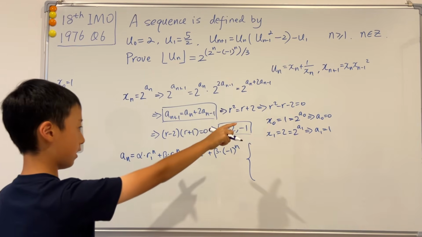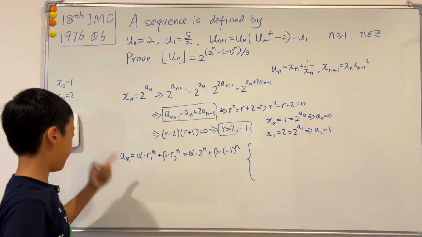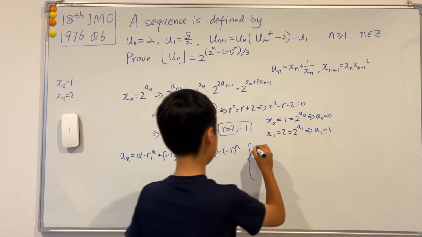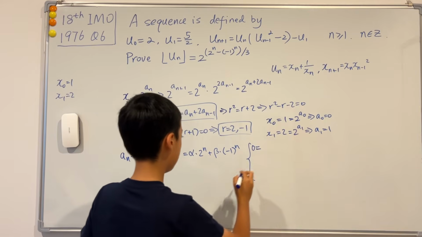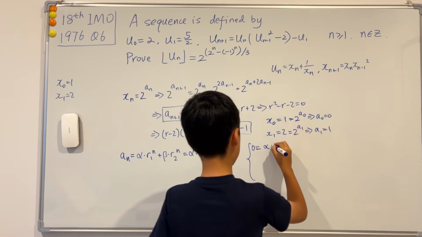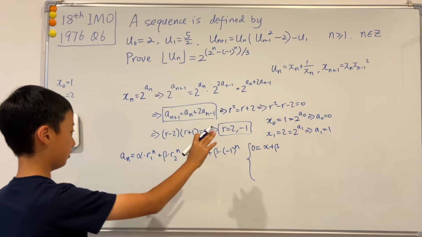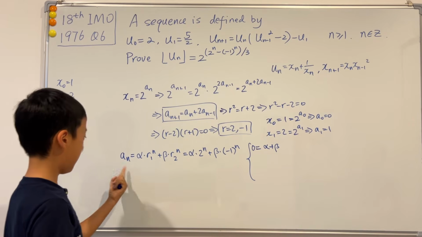First one, a0. If we plug in a0 into all of this, or just plug in n equals 0, then it becomes 0 is equal to alpha times 2 to the 0, which is 1, plus beta times 1. And now, for the second initial value, we plug in n equals 1.